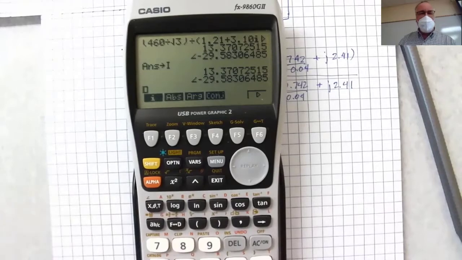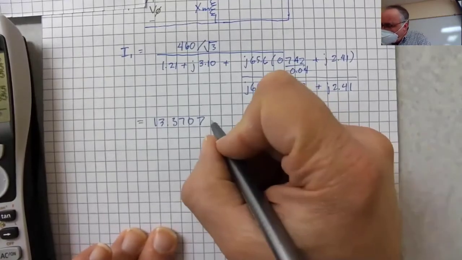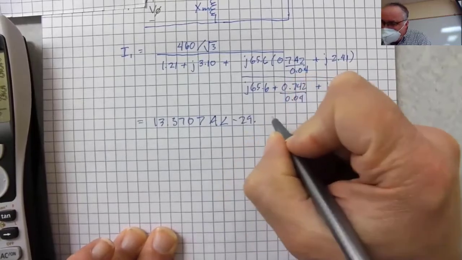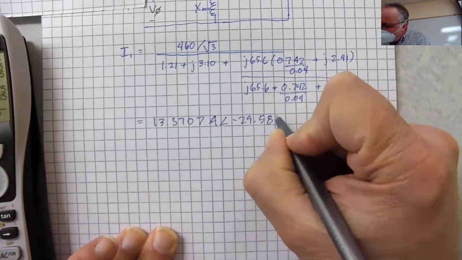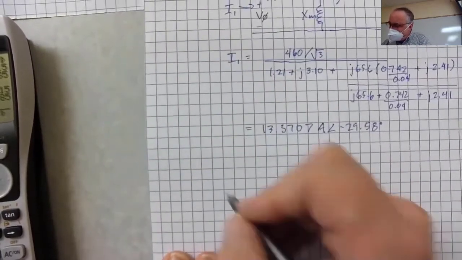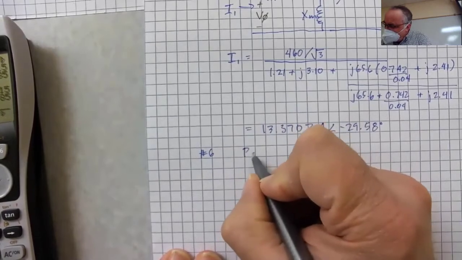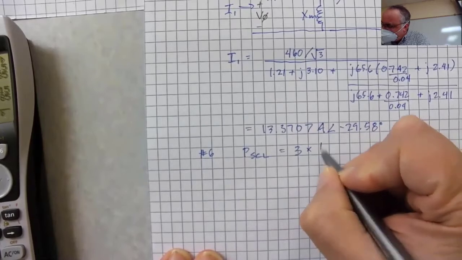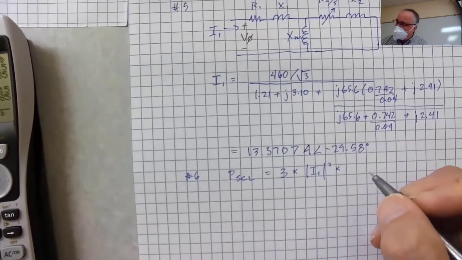Okay, good. And now I'm going to calculate the stator copper losses. So this is number 6. P stator copper losses is equal to 3 times the magnitude of I1 squared times R1.